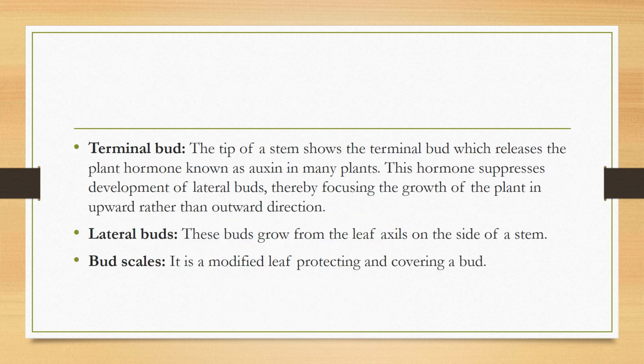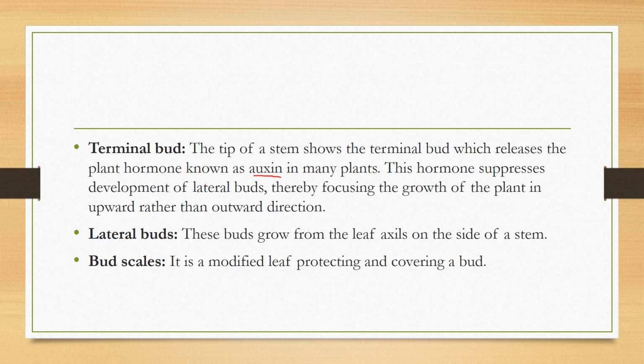Also, we have the terminal bud or the apical bud, which is at the end of a stem, the tip of a stem, which releases the plant hormone known as auxin.